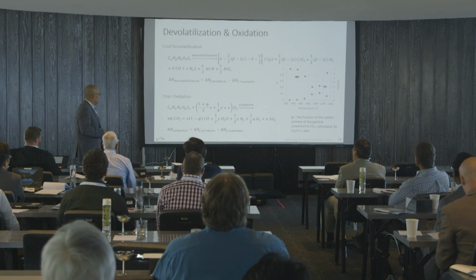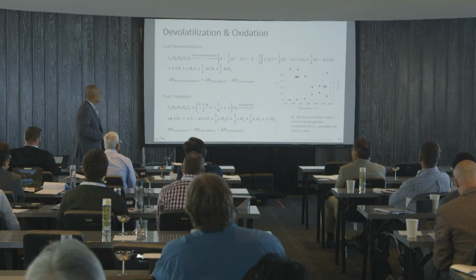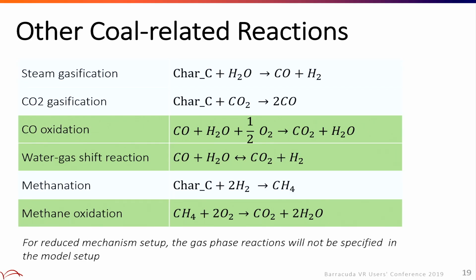And then we can provide energy balance. And some other reactions, gasification. CO oxidation also has been revised because there's an impact of water. So even though it can be canceled out, there's an impact of water, so we want to capture that behavior as well. So we added that.